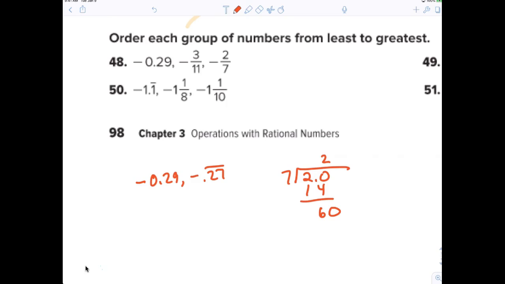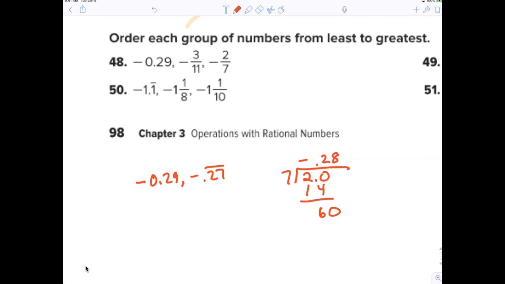7 goes into 60. How many times? I mean 8. Thank you very much. So do I have to really go any more than that? No, because now I'm comparing 0.28, 0.29, and 0.27. So now you got to be real careful. What's the smallest number there?